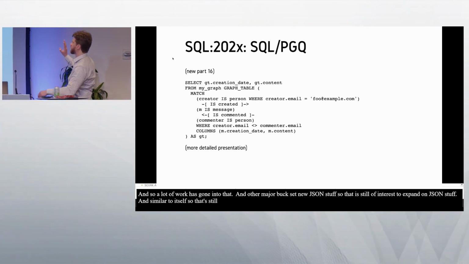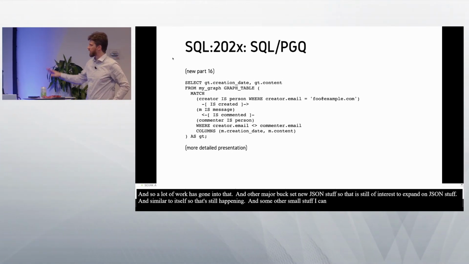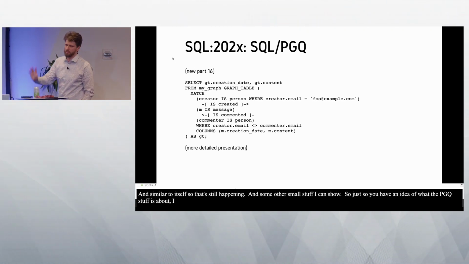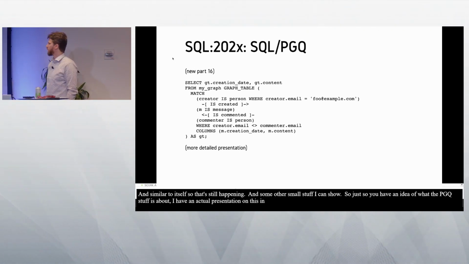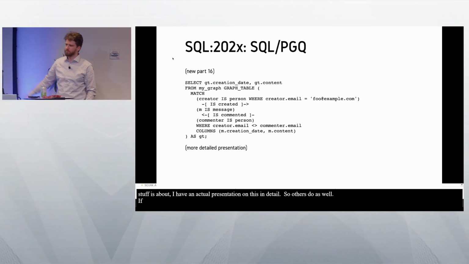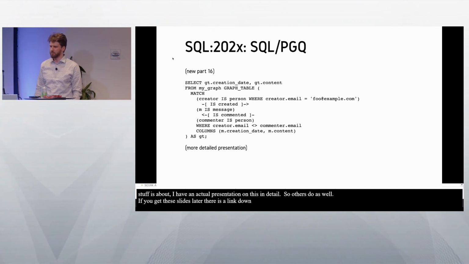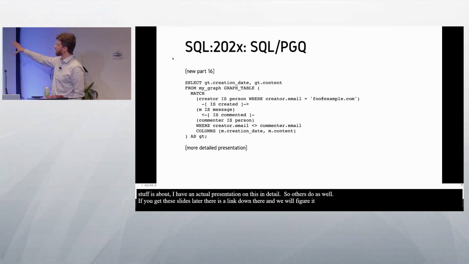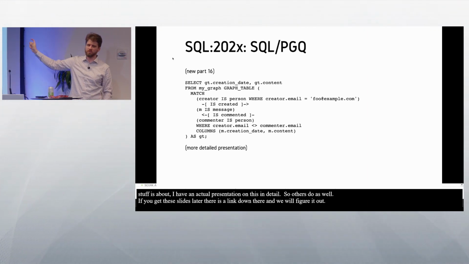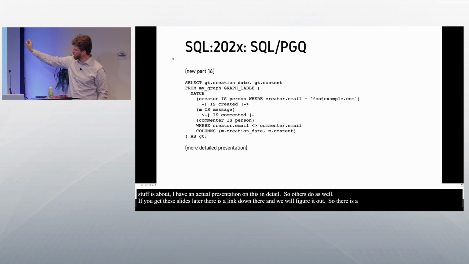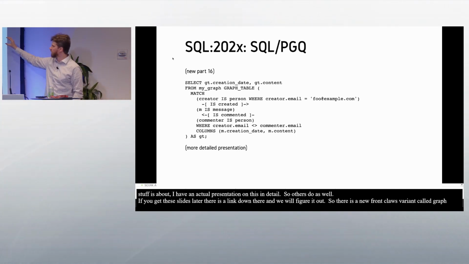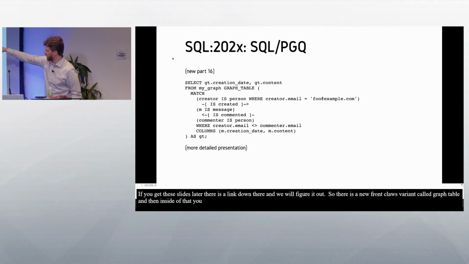So here's just so you have an idea what this PGQ stuff is about. I have an actual presentation on this in detail, and so do others. If you get these slides later, there's a link down there. So this is kind of how this could look. There's a new FROM clause variant called GRAPH_TABLE, and inside of that you have a graph matching expression which has these arrows and stuff like that.